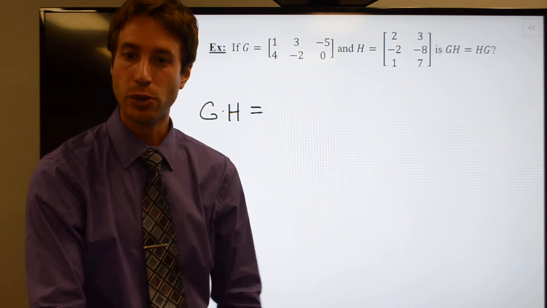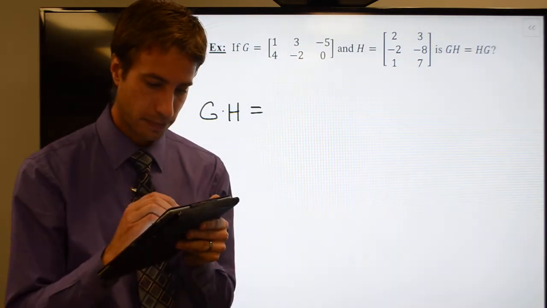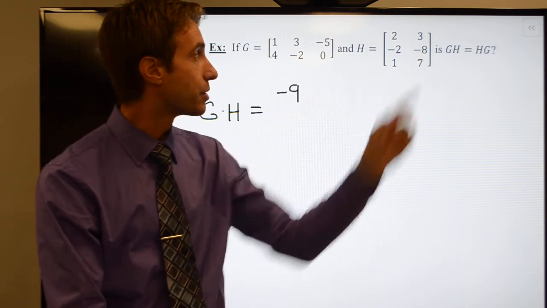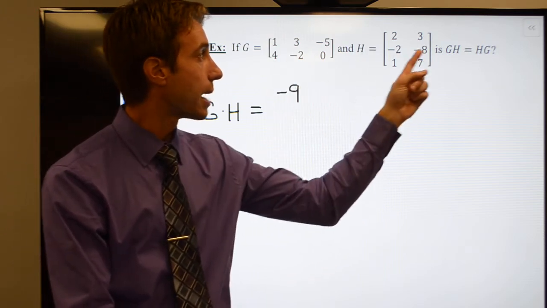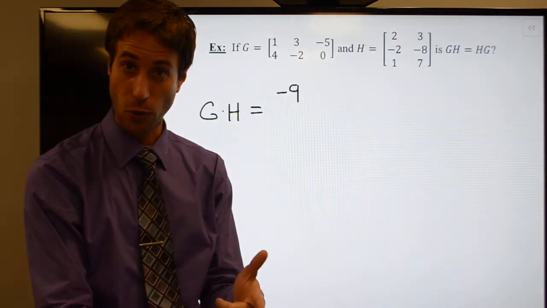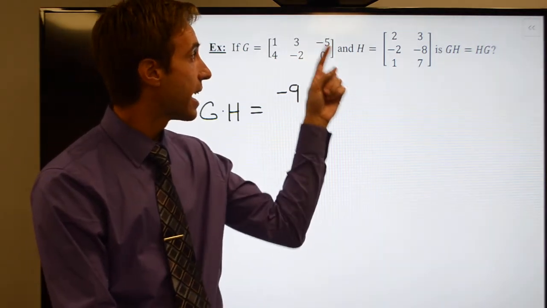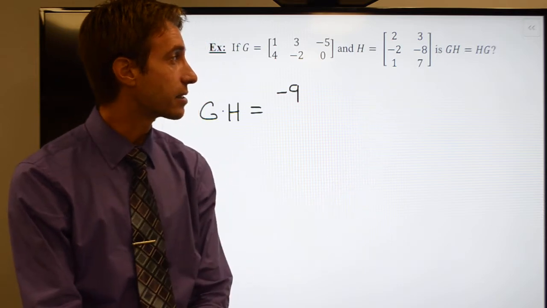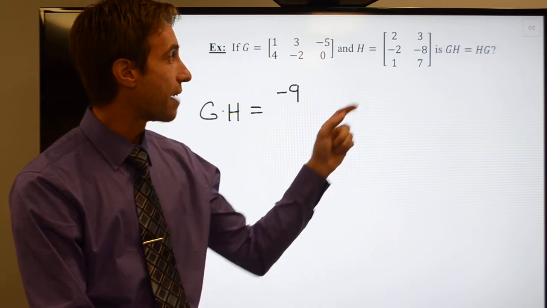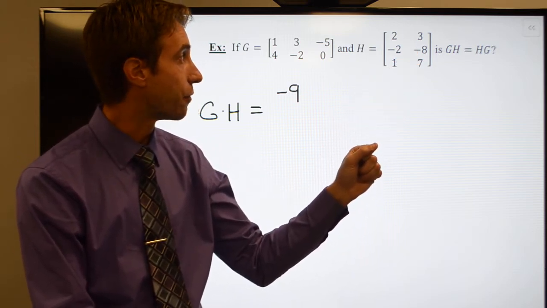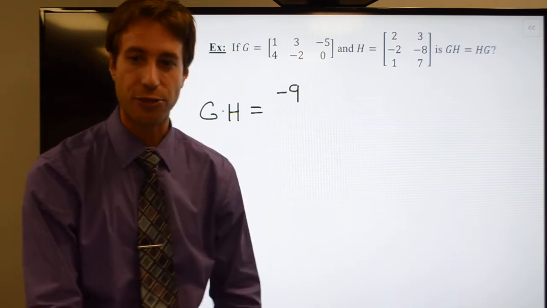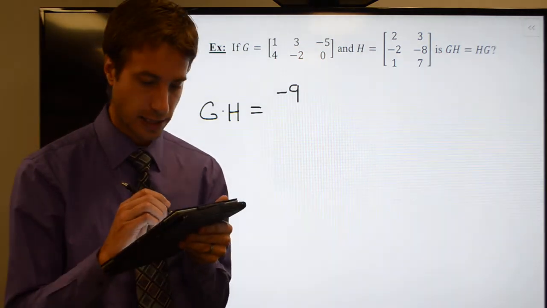You add 2 and you get a minus 9. 1 times 3 is 3. 3 times a negative 8 is going to be a minus 24. And negative 5 times 7 is going to be a minus 45. So here we go. I have a minus 24 and a minus 45. I add to that 3, and you get minus 56.